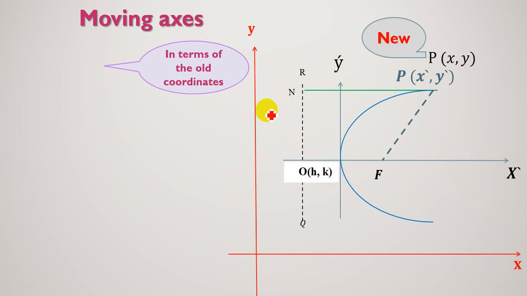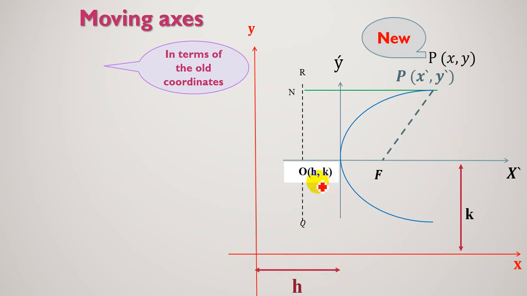If we talk about the Cartesian axis, that means x and y. So we are away from x and y, and we have a new axis, x dash and y dash. See, we are far away from y, from x with k, and far away from y with h. So we moved from x to k and from y to h.